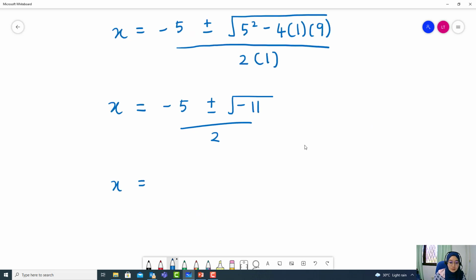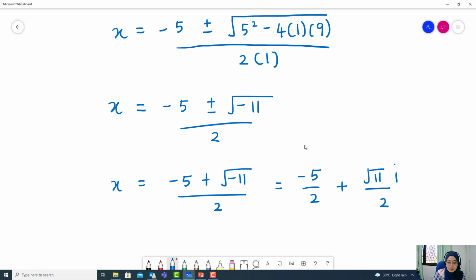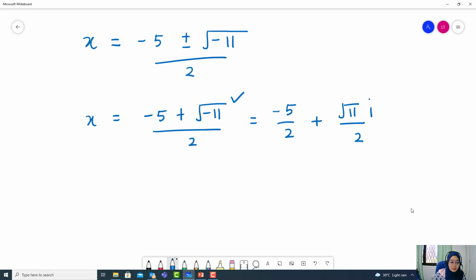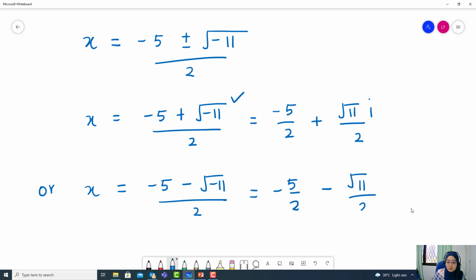Therefore, x equals negative 5 plus square root of negative 11 divided by 2, equals negative 5 over 2 plus square root of 11 i over 2. This one is a complex number. Or x equals negative 5 minus square root of negative 11 divided by 2, equals negative 5 over 2 minus square root of 11 i over 2.